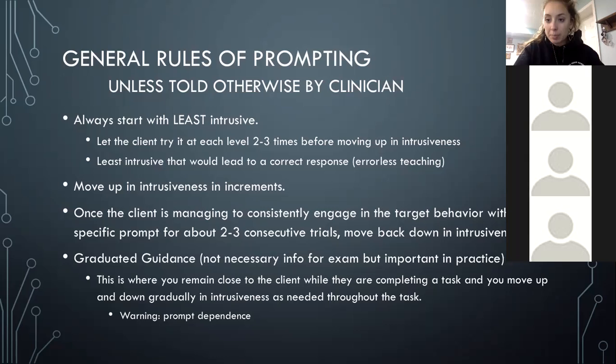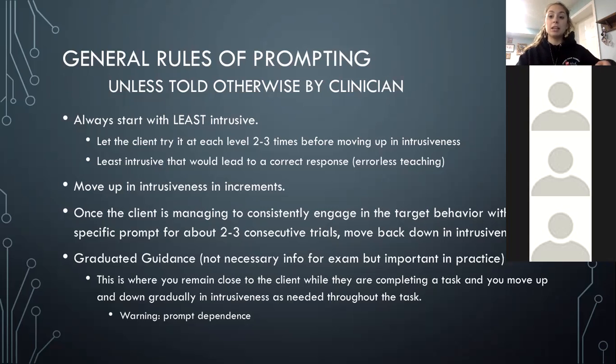Once you've moved up in intrusiveness though, let's say you've moved up all the way to a full physical prompt and you're physically guiding him to the right answer every single time, give him 2 to 3 times of correct responding with your prompt, and then try backing down again. So maybe we're at our full physical prompt, we're hand over hand prompting this response 2 to 3 times, he's getting it, obviously.